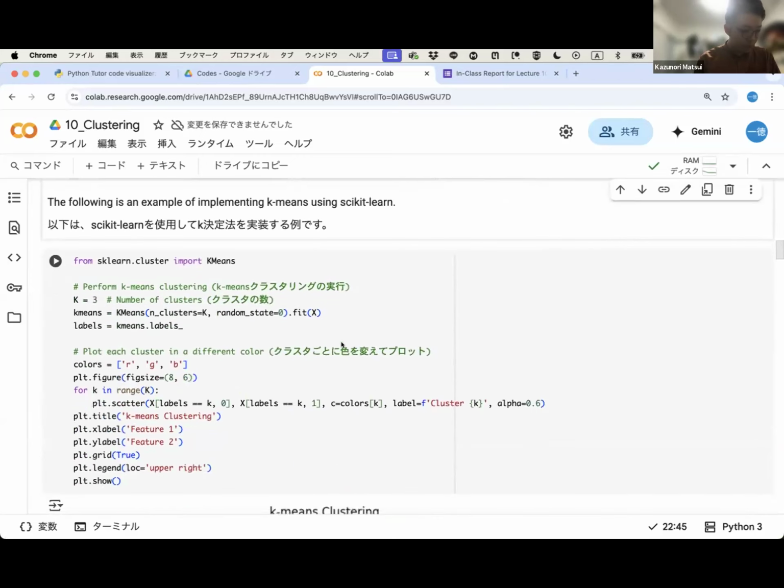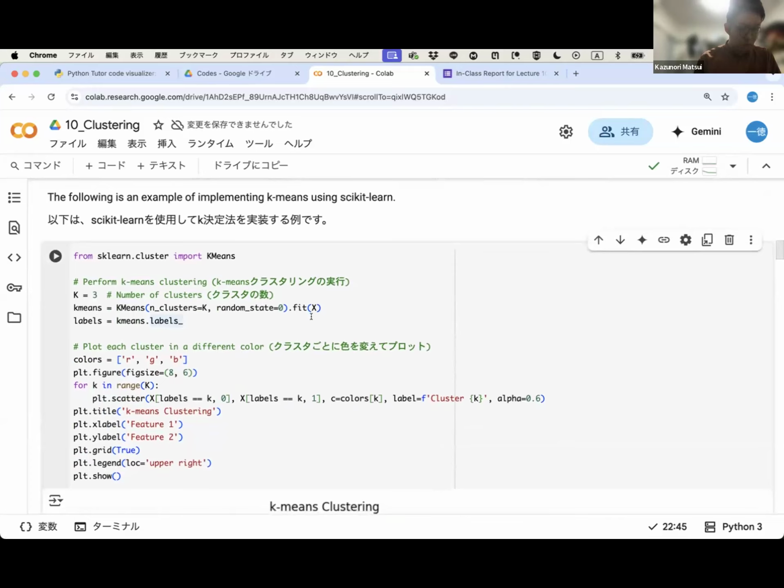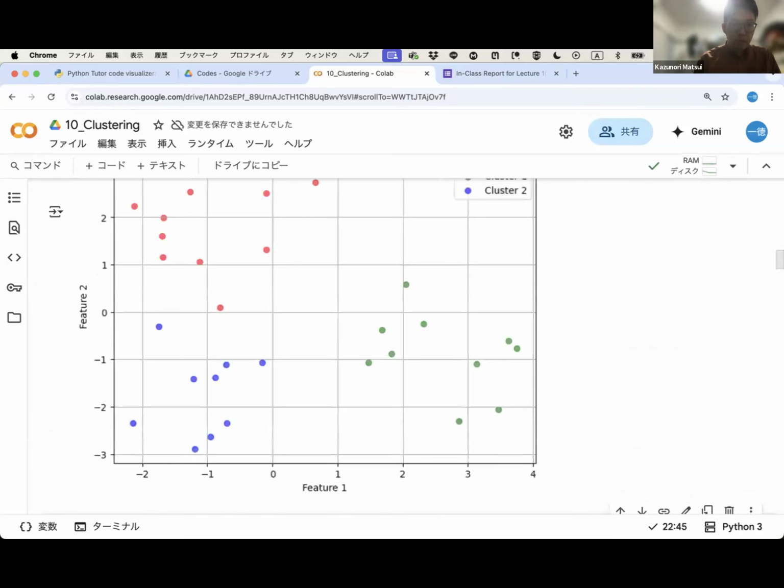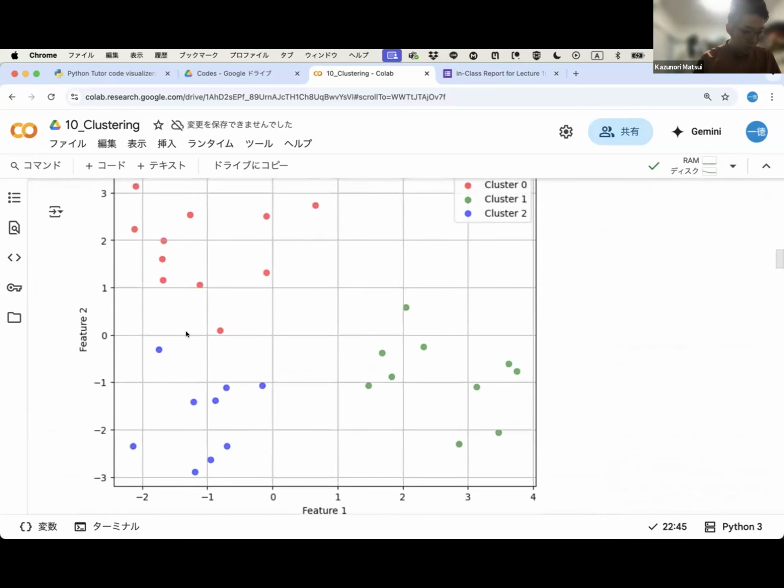For implementation with scikit-learn, if we use KMeans and write like this, we can get a similar result. Of course, they don't match completely.